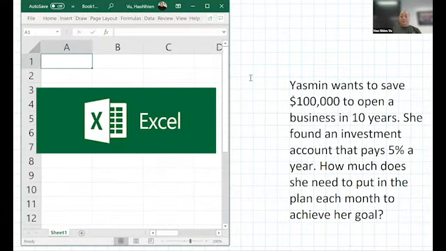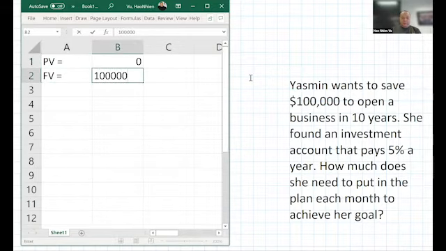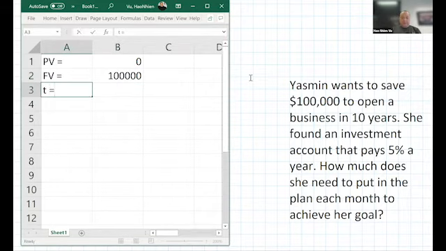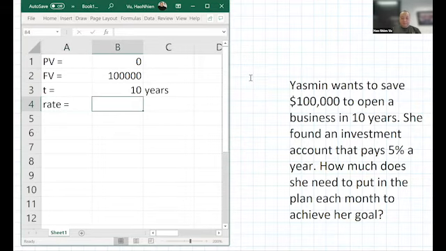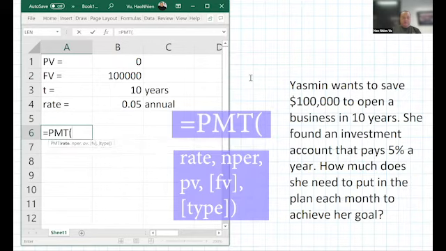Let's now do the same thing all over again using Excel. Yasmin starts out with no money, so PV equals 0. She wants a future value of 100,000. The time is going to be 10 years, and the rate is 0.05 a year. We're calculating PMT, so equals PMT, parentheses. The first piece of information is the rate, so this divide by 12, comma.